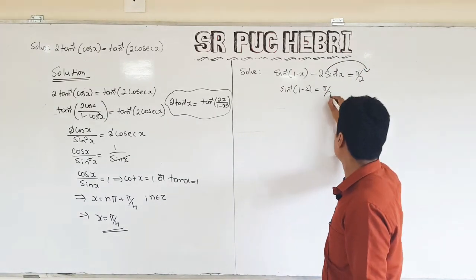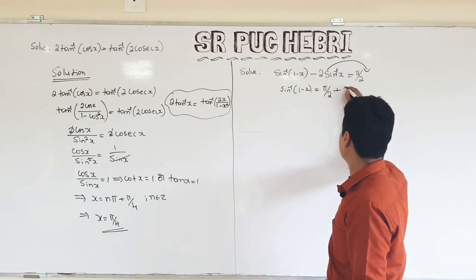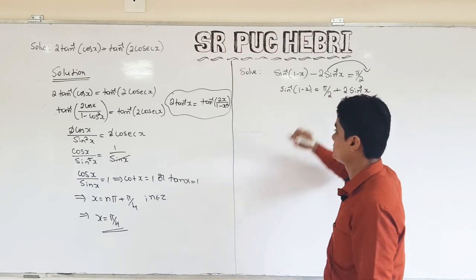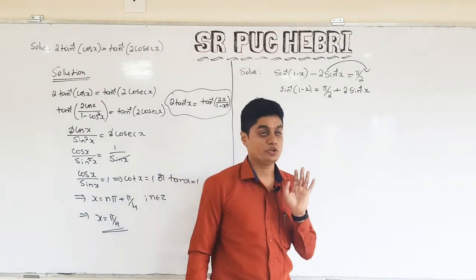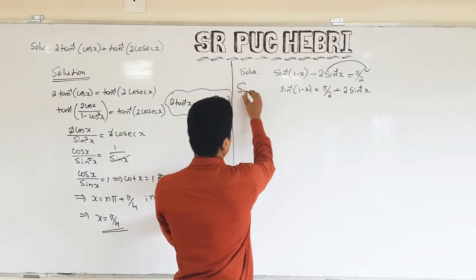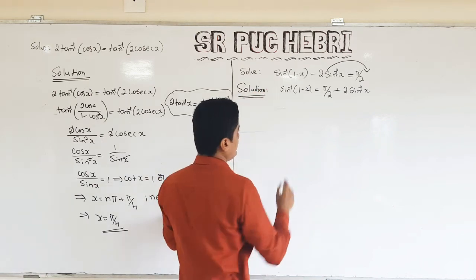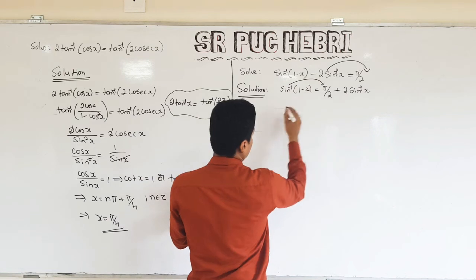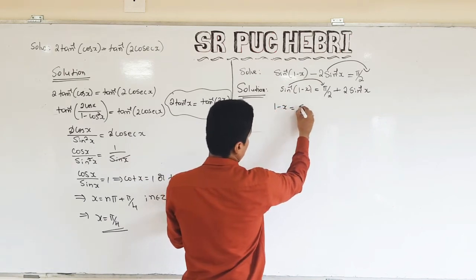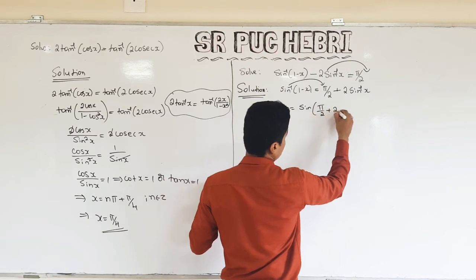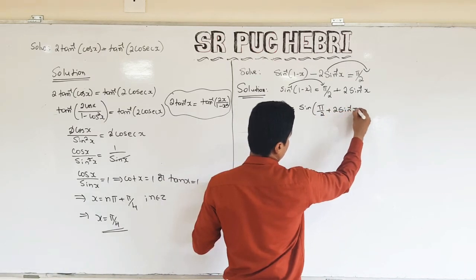Since it is minus, when it comes to the right hand side it becomes plus. This is a very important first step. So the solution starts like this. Remember that. Now take sine on this side. So 1 minus x is equal to sine of pi by 2 plus 2 sine inverse of x.